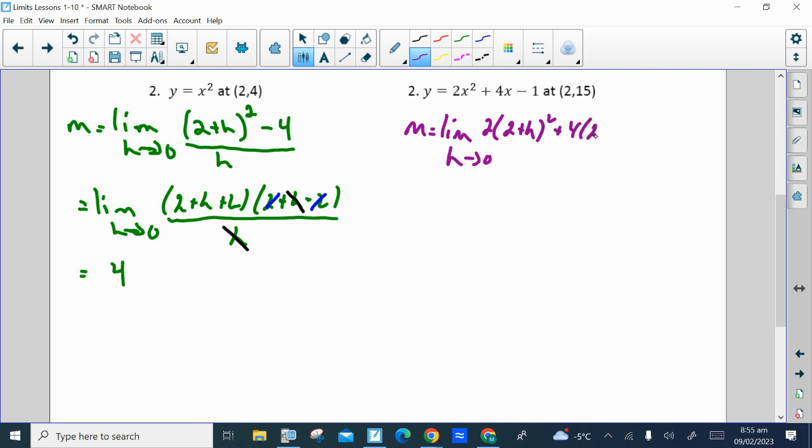So this is going to take a bit more work than the first way we did it. So that just represents the f at a plus h part. And then you've got to go minus f at a, which is 15, all over h.